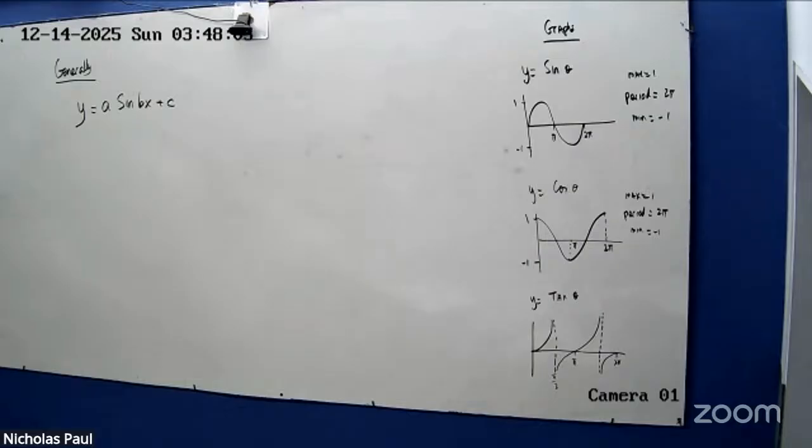How do you sketch graphs like that? Suppose you see y is equal to 2 sine 4x plus 5. How do you sketch something like that? All you need to get is the max value, the min value, and the period. You have to figure out how to get those things. I'm going to show you how to get each one now.